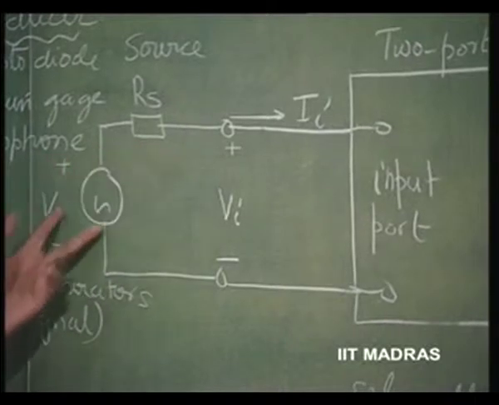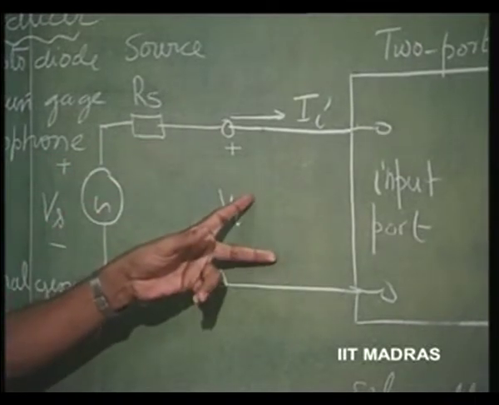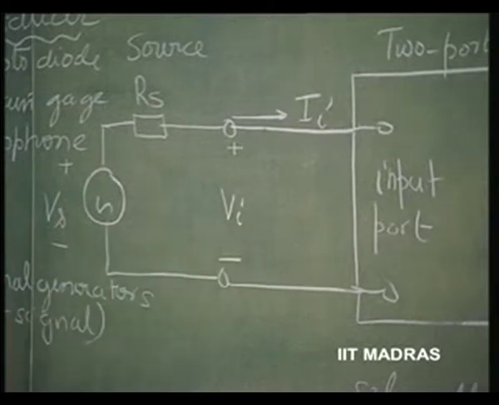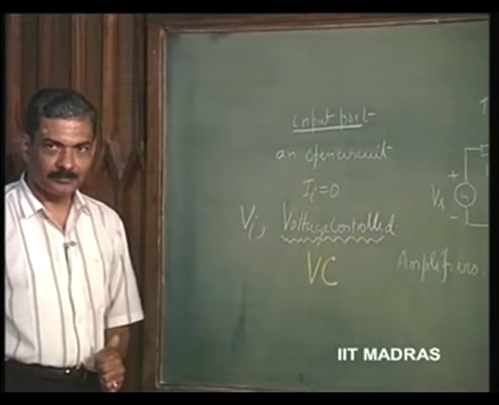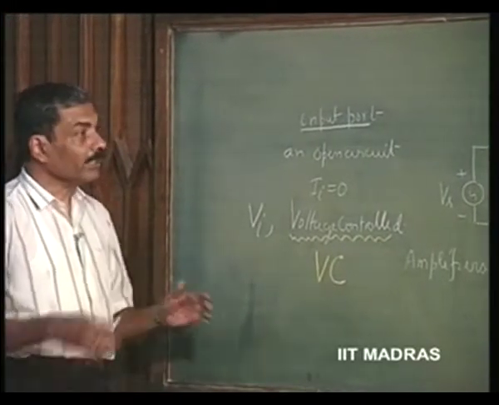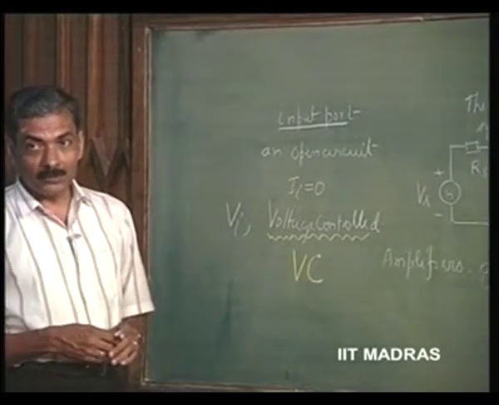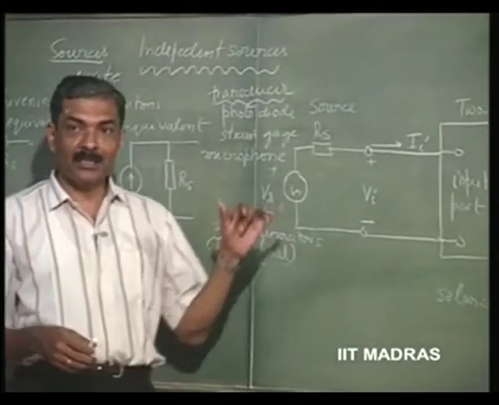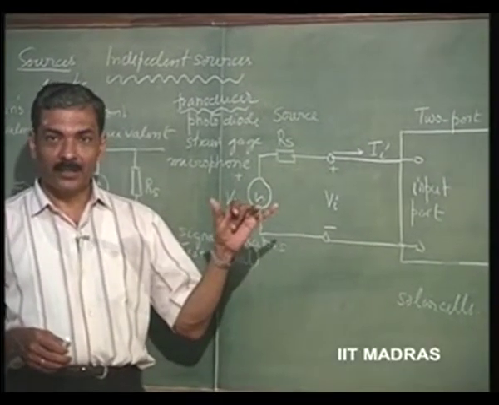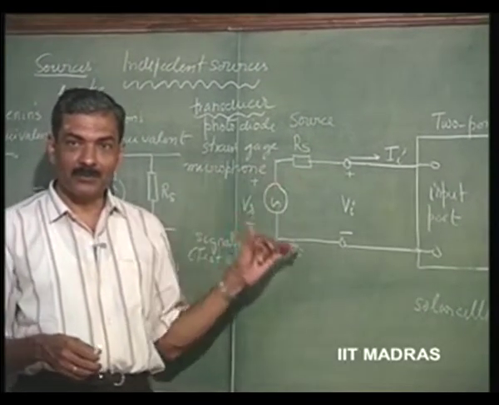Whatever be the source voltage is going to appear as input voltage to this amplifier. So, then we call it as voltage controlled amplifier. The output can now have its current dependent upon voltage or its output voltage dependent upon input voltage.